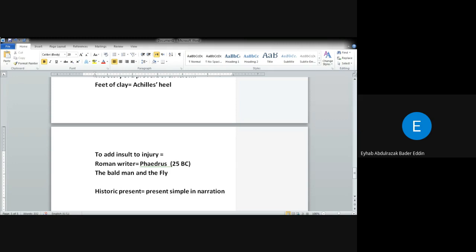طيب نعود إلى قصتنا. In that story which was titled The Bald Man and the Fly, which was written by a Roman writer called Phaedrus in the year 25 BC. What happened in that story?